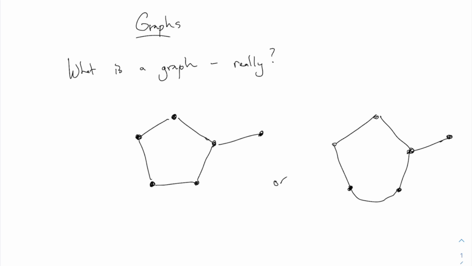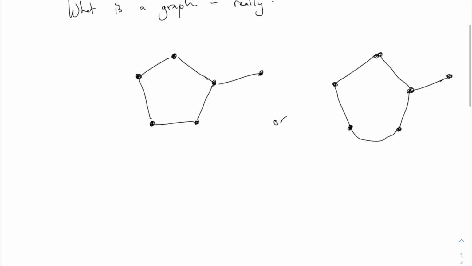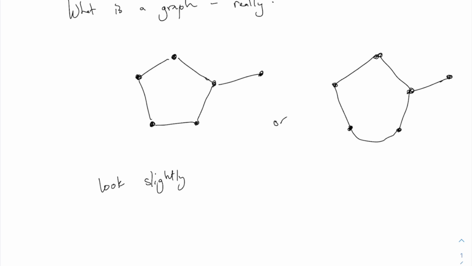But actually, this is not an important distinction between these two graphs, right? These two graphs look slightly different, but mathematically speaking, we consider them to be the same graph. They look slightly different, but we consider them to be the same.